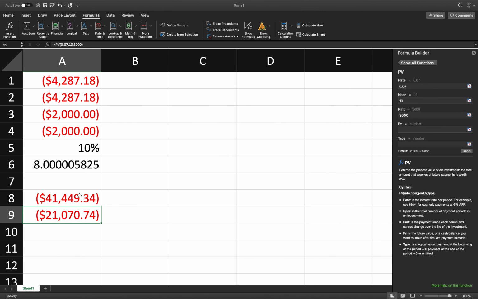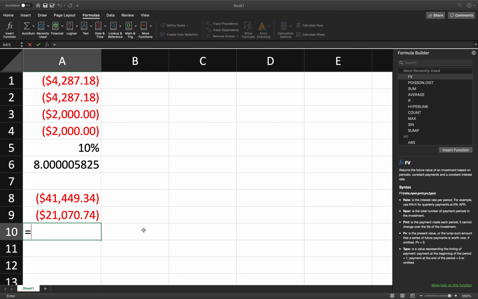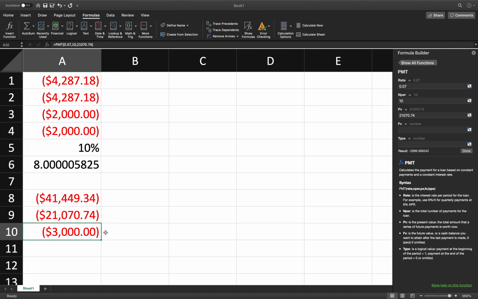Same thing, we can use the function PMT that allows us to find A. The rate is 0.07, number of years is 10, present value 21,070.74. That's the number here, and you can see that A equals 3,000, exactly what we inputted before.